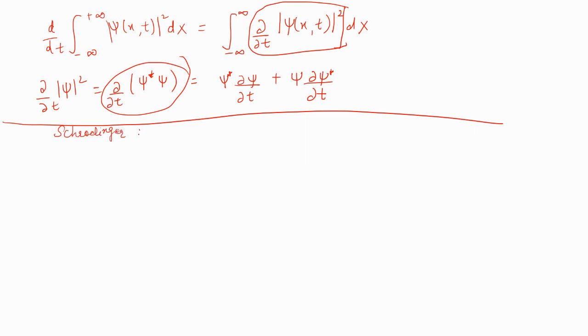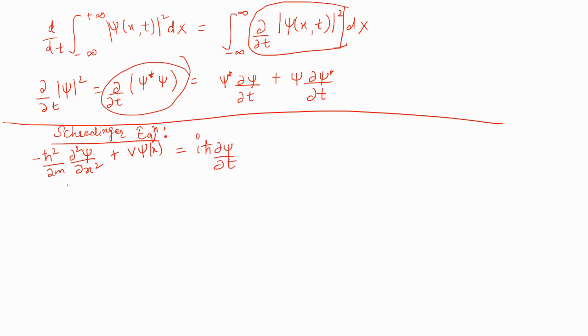This derivation is not necessary, but I am doing it to tell you how this form is coming. So the Schrodinger equation is minus h cross square upon 2m d2 psi by dx square plus V psi equals i h cross d psi by dt.